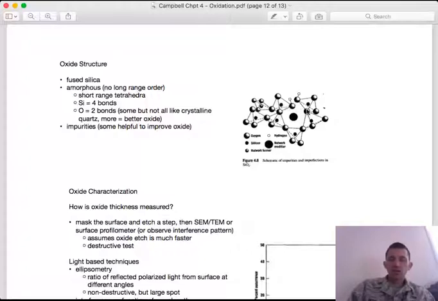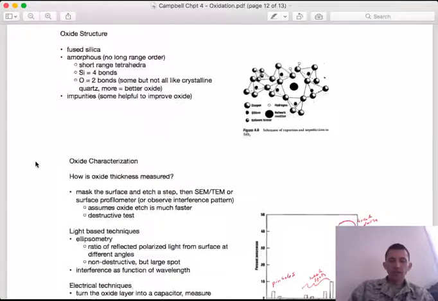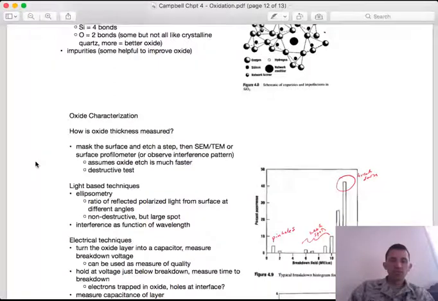And then those oxygen are bonded each to silicon, so you have this kind of loose network of these SiO4 tetrahedra. And then you can also, within that network, have network modifiers. These are other atoms that impact the formation of that network, and in some cases can improve the properties of the oxide.